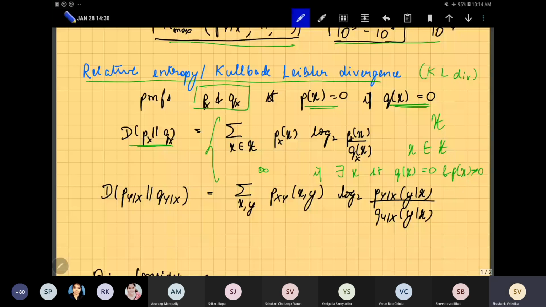Okay, because technically log 1 over 0 is not defined, so we define the KL divergence to be infinite if Q of x equals 0 and P of x is not equal to 0.